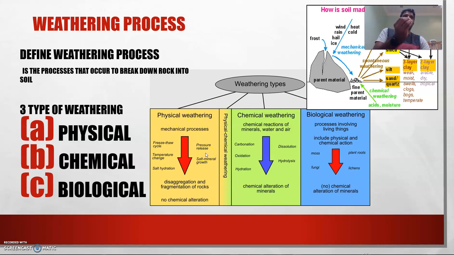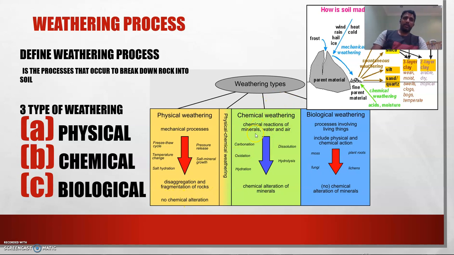It will increase the pressure on the rocks. When it's in ice form, the surface area of ice is larger compared with the surface area of water, and when the surface area is high, the pressure is higher. No chemical reactions are involved.